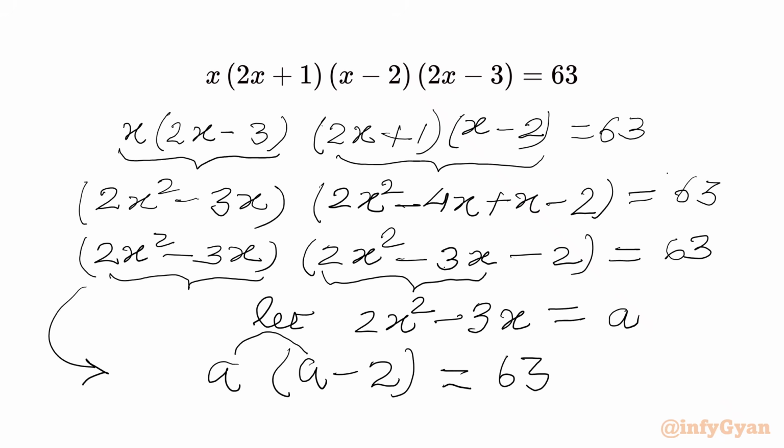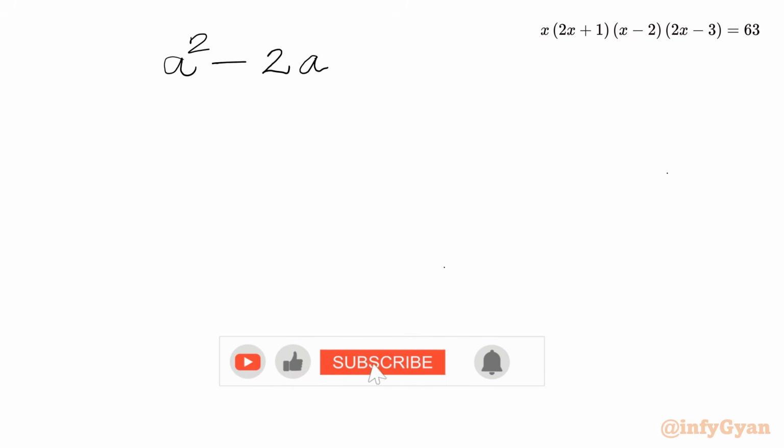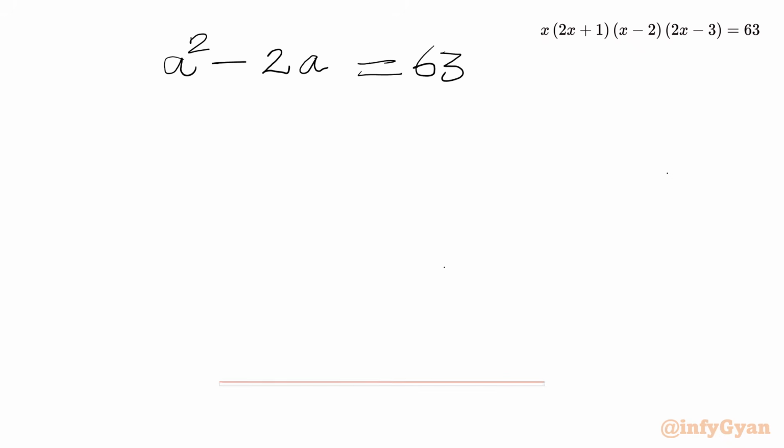Now we will use the distributive property and we can get a square minus 2a on the LHS. So we can write a square minus 2a equal to 63.